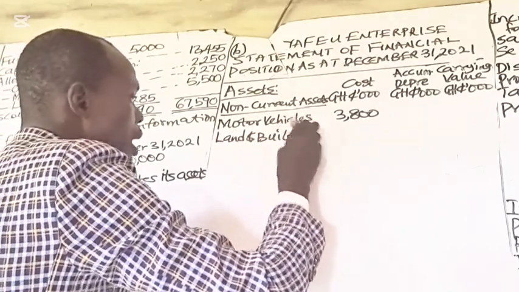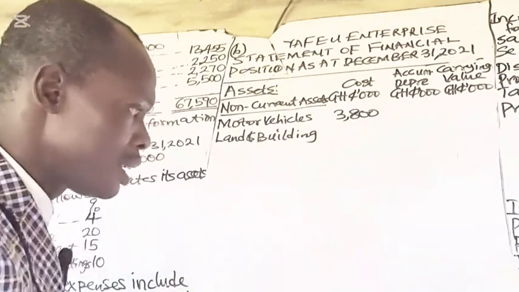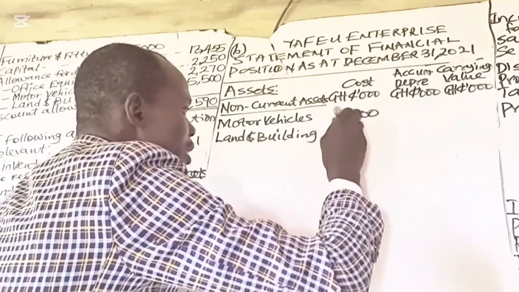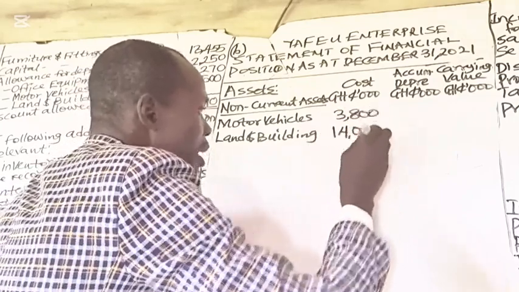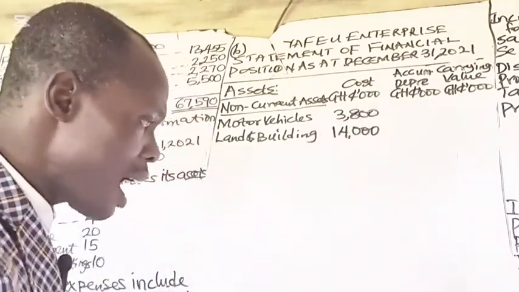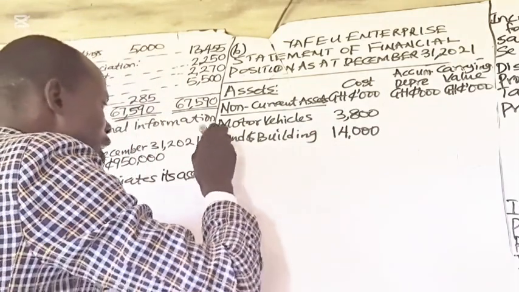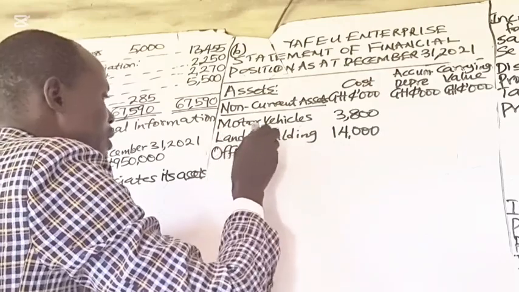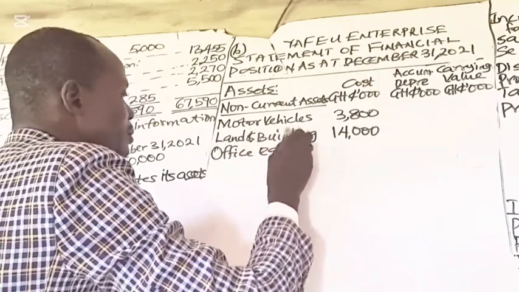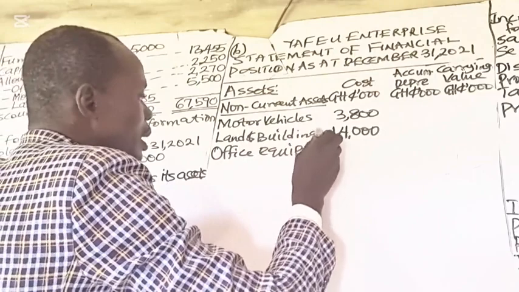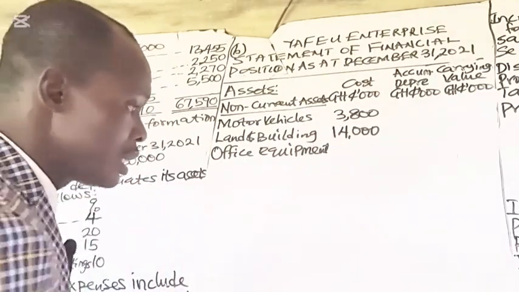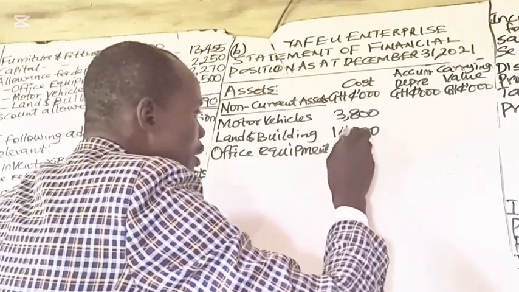All these figures were lifted from the trial balance. We have 14,000. So that is the amount given in the trial balance. Then we have office equipment. The amount given in the trial balance is 4,550.